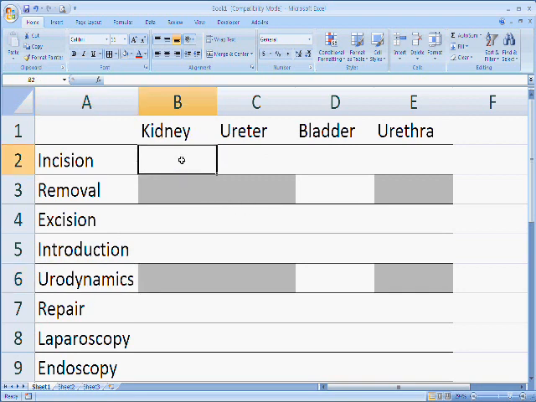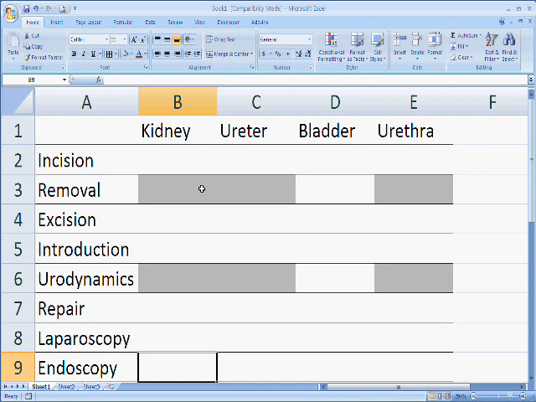So there's incision of a kidney, excision, introduction, which is anytime you put something into a body part, repair, laparoscopy, endoscopy. You'll notice the codes all follow this pattern. As you're looking at things, remember your medical terminology. If you see pyelectomy, well, pyelo is the kidney, and ectomy is the removal of.